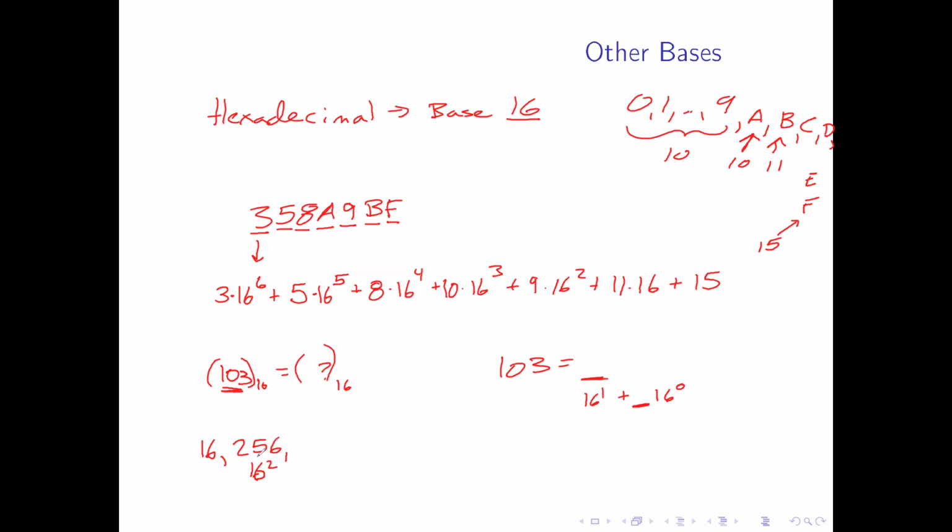And so because of this, I'm going to need 2 digits to write this in base 16. So we start off and we say, what is 103 if I divide that by 16? And 103 divided by 16 is going to give you 6.